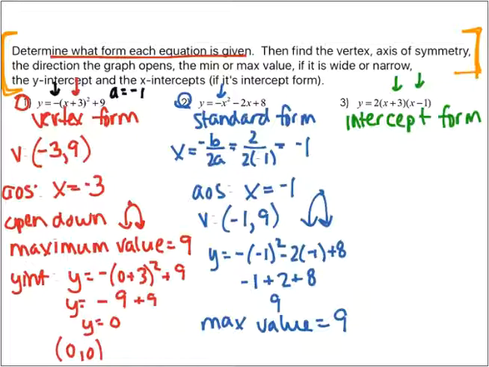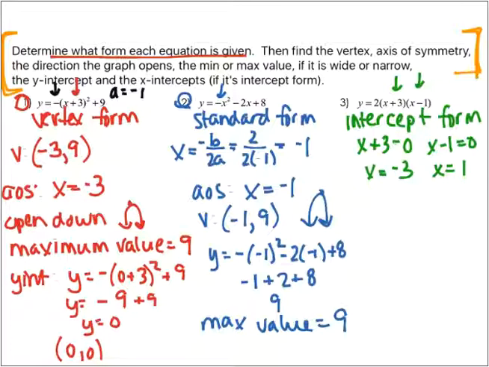Alright, last one we're going to do, intercept form. This one comes in handy when we are looking to find the x-intercepts of the graph. So, if I start with my factors, x plus 3, and set it equal to 0, and x minus 1 equals 0, I'm going to find that my x-intercepts are going to be at -3 and at positive 1.